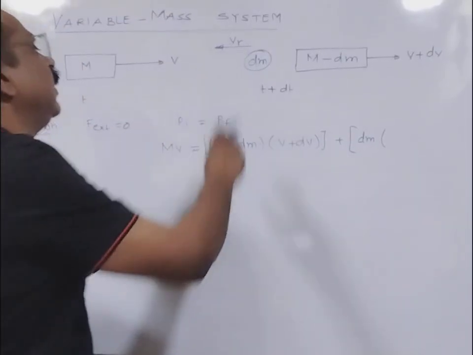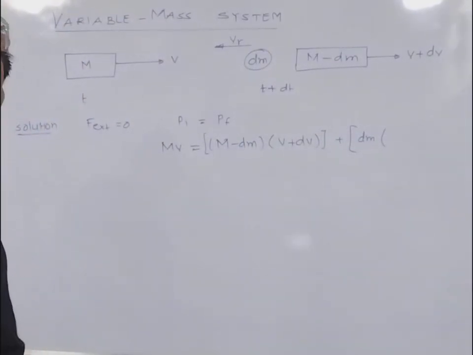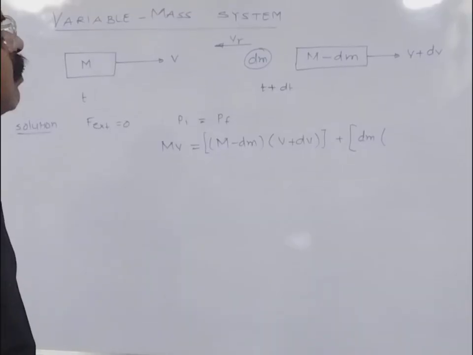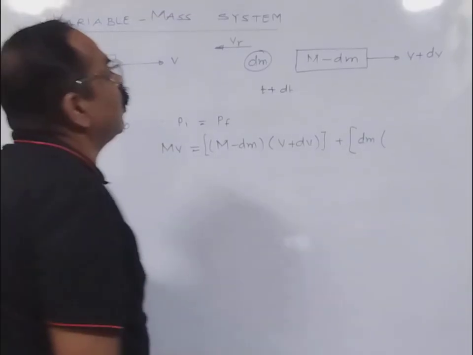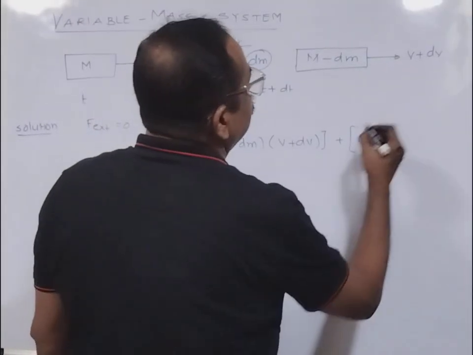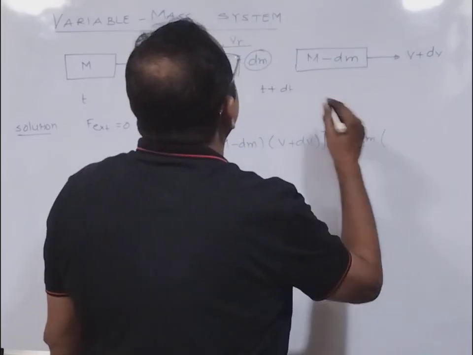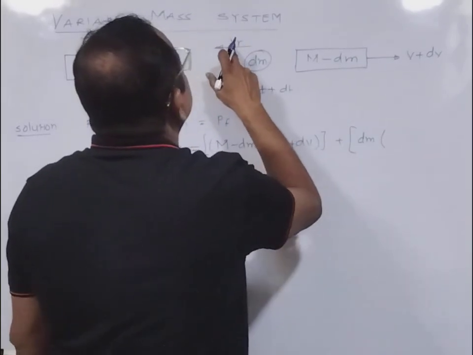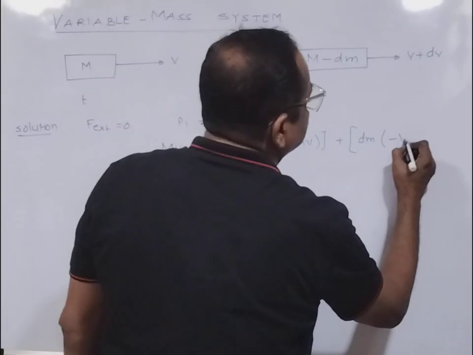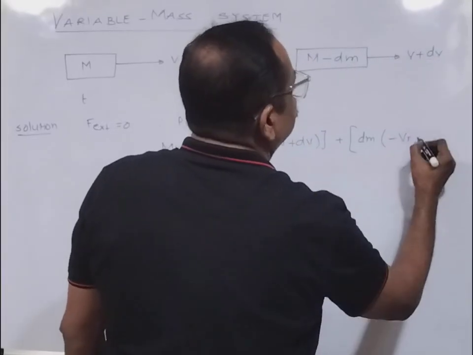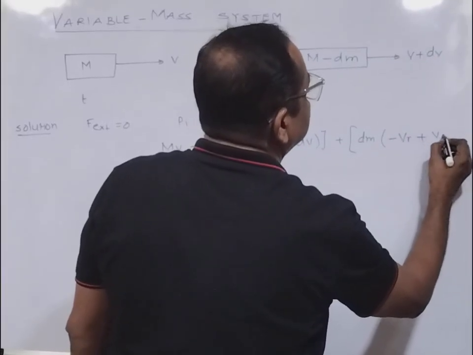Here Vr is the relative velocity of dm with respect to the forward moving mass, so the velocity of dm with respect to ground will be minus Vr plus v plus dv.